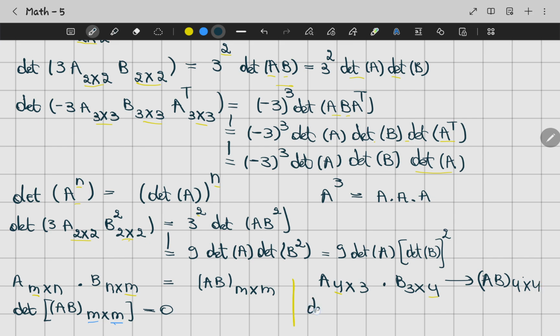And then if we have to find the determinant of this matrix, for example, the answer will be 0, because of the 4 times 4 size. So this is what you should know.